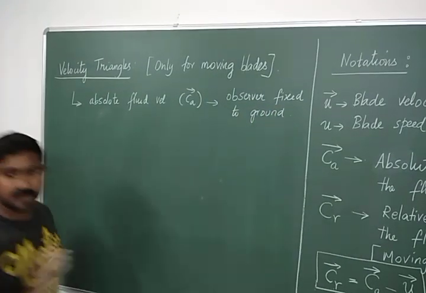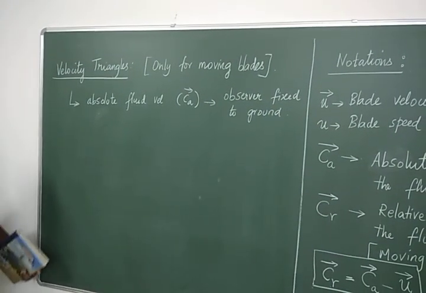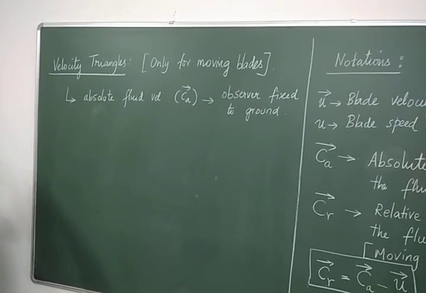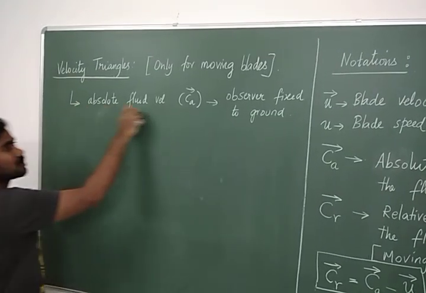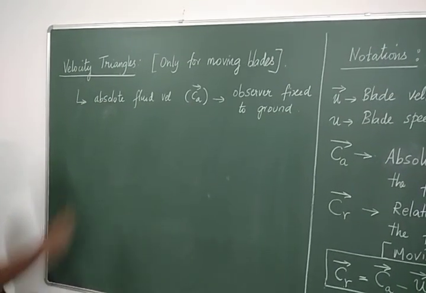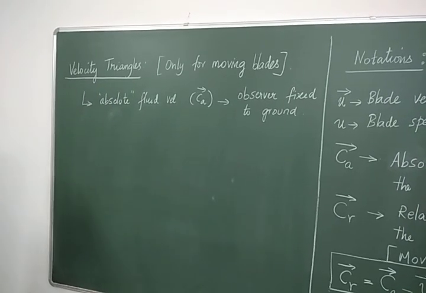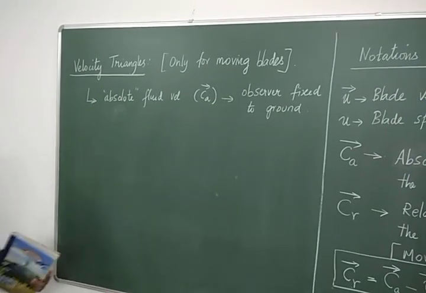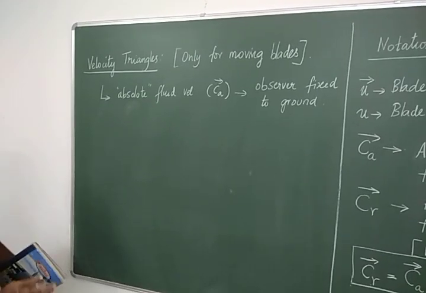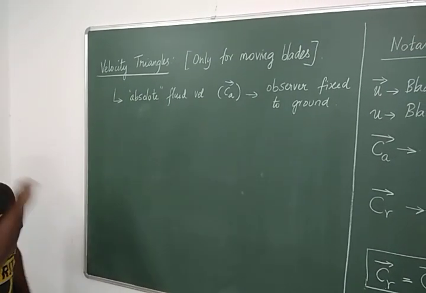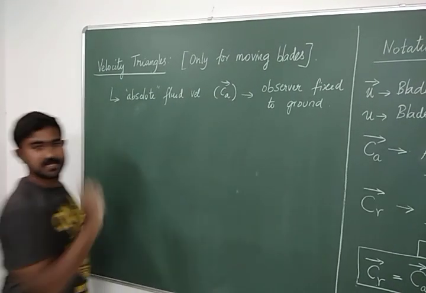That is a stationary observer. If there is an observer who is just stationary, whatever velocity he will see, that velocity is called the absolute fluid velocity. The word absolute refers to the velocity measured with respect to a fixed observer. The observer is stationary, he is on the ground, say, and he is observing the fluid that is moving at a velocity of CA.